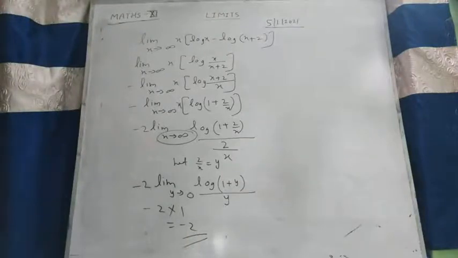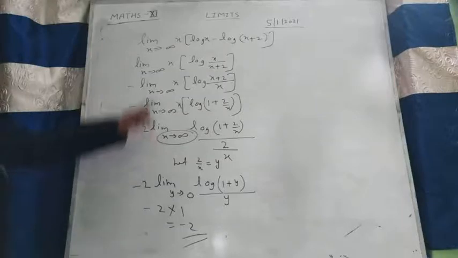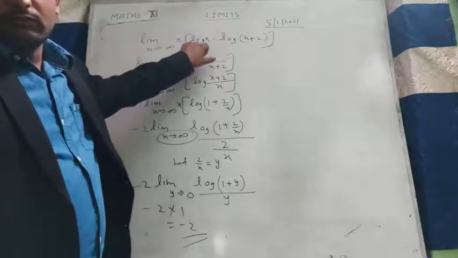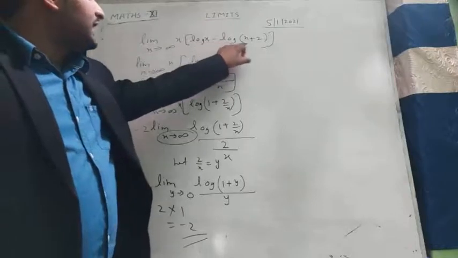Now let's see once again what we have done. Look, this is our question, limit x tends to infinity of x times log x minus log x plus 2.